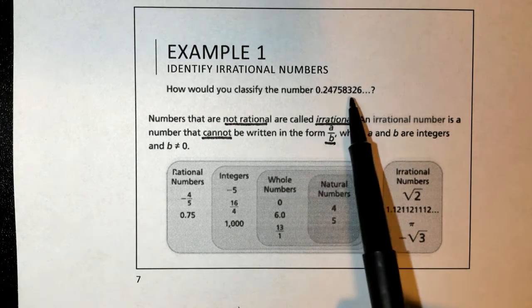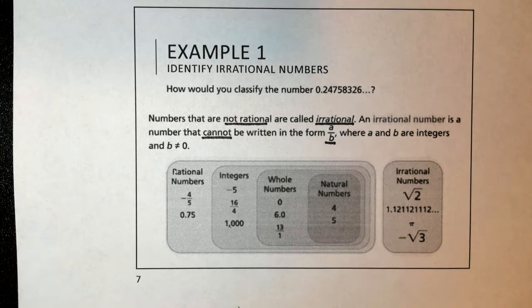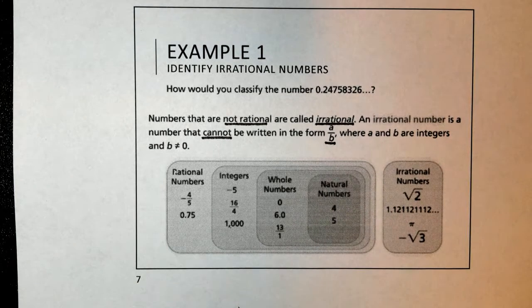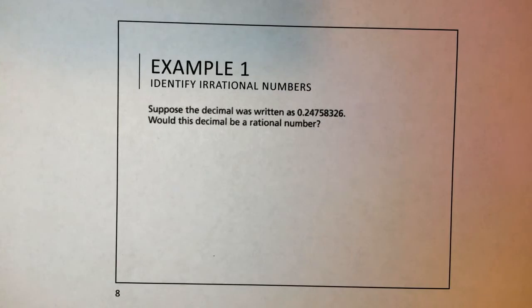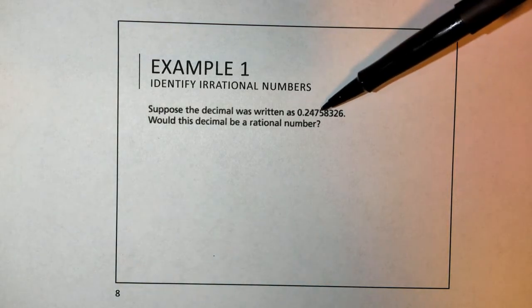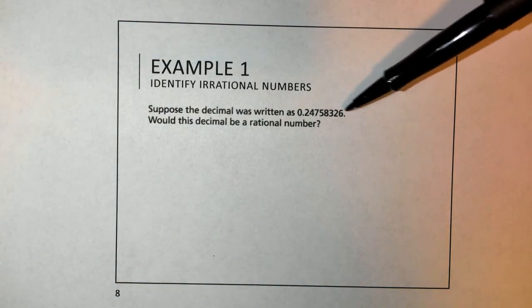So one example is something like this, where we have a number that keeps going forever. It's not terminating, it doesn't end, and it doesn't repeat. So, extending this a little bit, suppose this decimal that we were just looking at, which looks very similar, was written as 0.247583326.